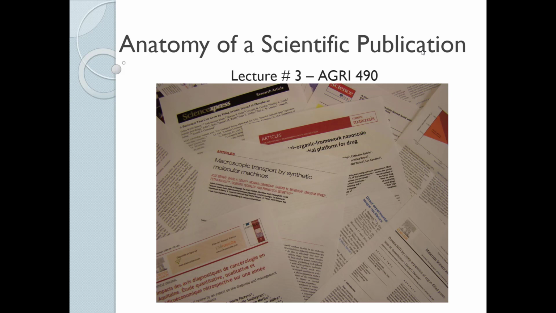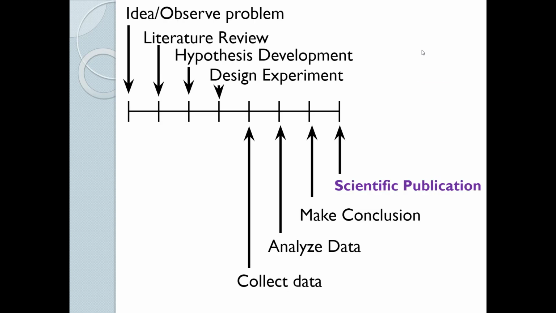All right, so as we get into the second part of this Anatomy of a Scientific Publication lecture, I just want to make sure that we're all on the same page about where we're at in the scientific method. And so, yes, even though scientific publication is the end game, we actually have to use those skills clear back in the beginning of the scientific method when we are gathering and searching for literature.